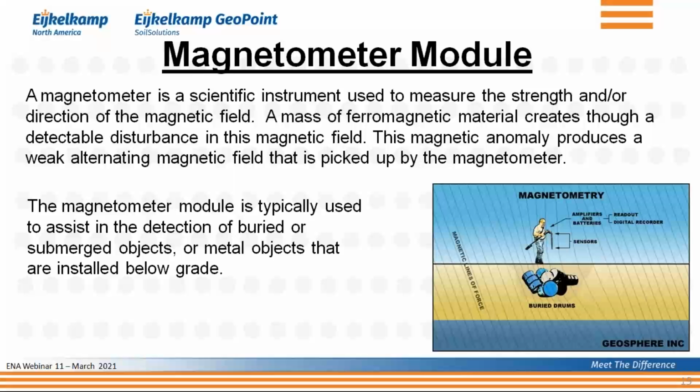It is typically used to detect buried or submerged objects, but it could also detect metal objects that are installed below grade. Think of a sheet pile in the ground, or a steel H pile, or even a reinforced concrete pile. You might even be able to pick up the reinforcement as you push that magnetometer into the ground with the seismic or with the CPT cone.